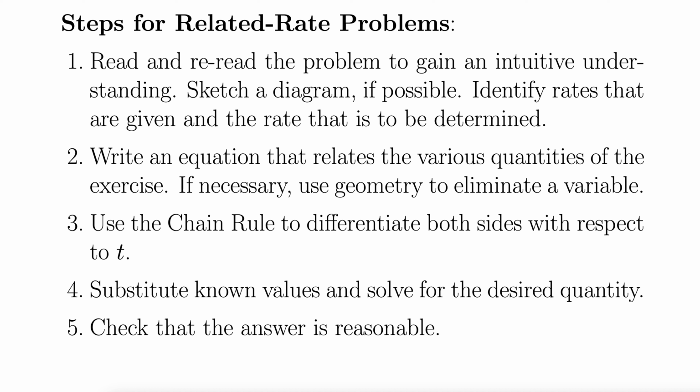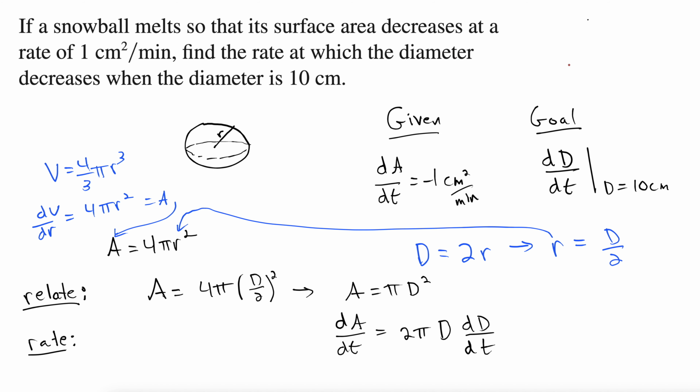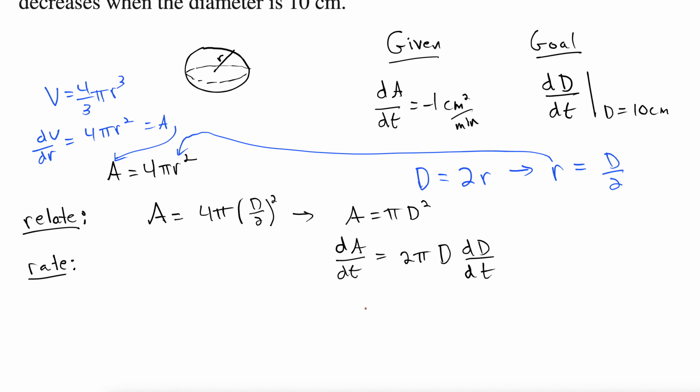Back to our steps. Step 4 says substitute known values and solve for the desired quantity. Well, our goal is to solve for dD/dt. So let's go ahead and solve our equation for that. We have dD/dt, a little bit of algebra here, is dA/dt divided by 2 pi D. And we want to evaluate this when D equals 10 centimeters.